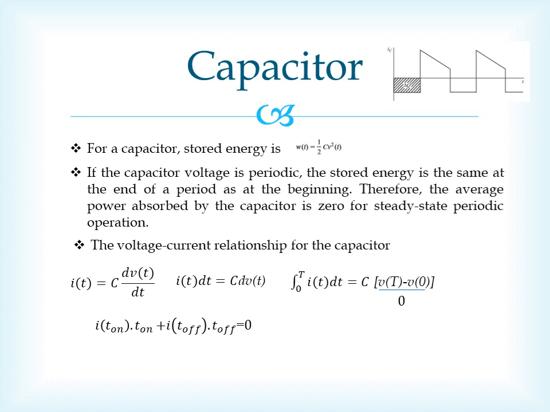You can see here that we have used a capacitor current waveform such that the average value of capacitor current is 0. This is because we have assumed that the capacitor is in a steady state. This also means that the charge stored in the capacitor during off time and the charge during on time will be the same.